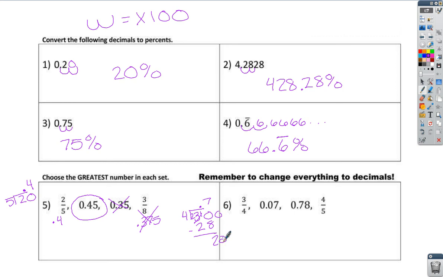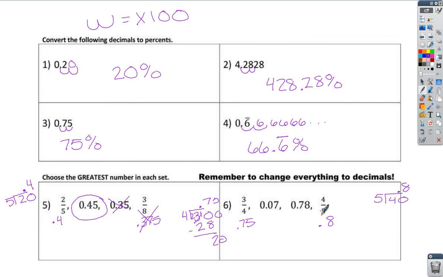Okay, 4 times something gets us to 20. 4 times 5. We have 0.75. And we need to make the other one into a decimal. So 5 divided by 4. 5 can't go into 4, so it's going to be a decimal. 5 can go into 40 though, 8 times, so our decimal is 0.8.